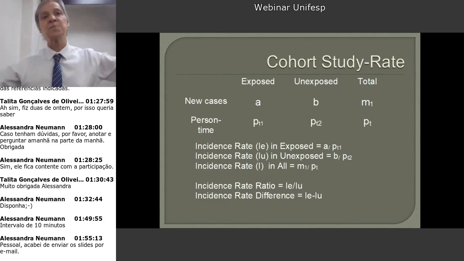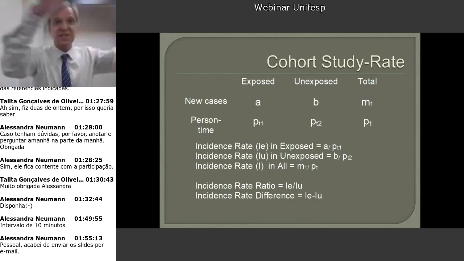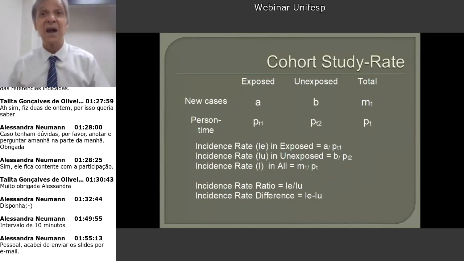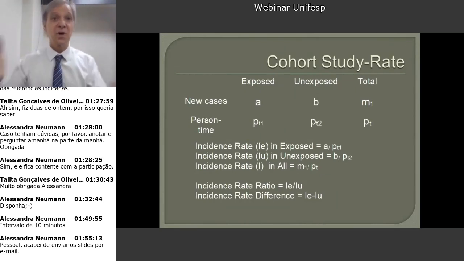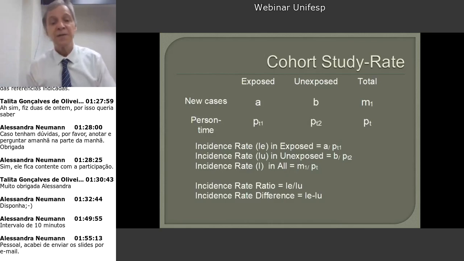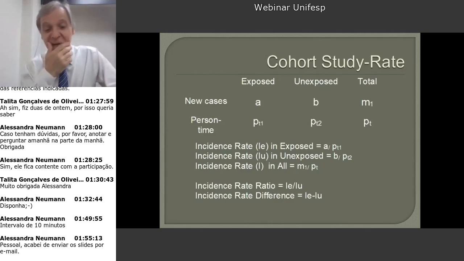I consider those people exposed to some major environmental contaminant, and the people who are in the office across the street at the same factory, white collar office staff, I consider unexposed. Guess what? The rate in one group was 15 times greater than the other group. So I got an incidence rate ratio of 15 and a relative risk of 14 point something. They don't always give exactly the same, but they should be similar. So the rate ratio and the risk ratio are very important.